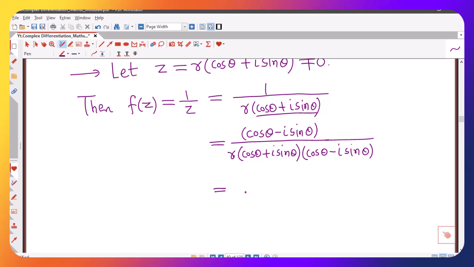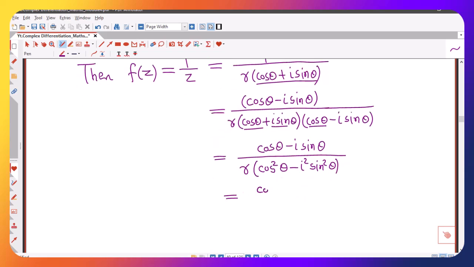Then we keep numerator as it is, cos theta minus I sin theta. Here r times, here we apply that formula a plus b into a minus b, that is square of cos theta, and negative square of I sin theta, that is I square times sin square theta.